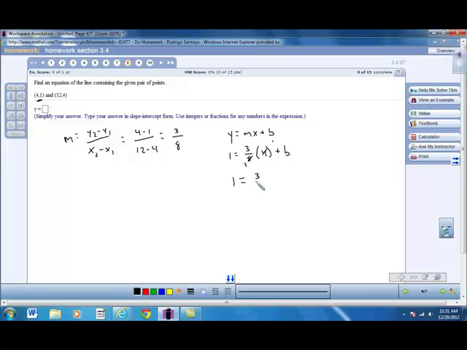You get 3/2 plus b. Subtract 3/2 from both sides. So that's a positive. B equals, well now all you got to do on your calculator is do 1 minus 3 over 2, which should give you negative 1/2.